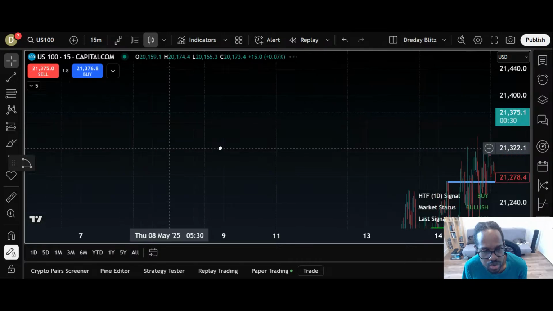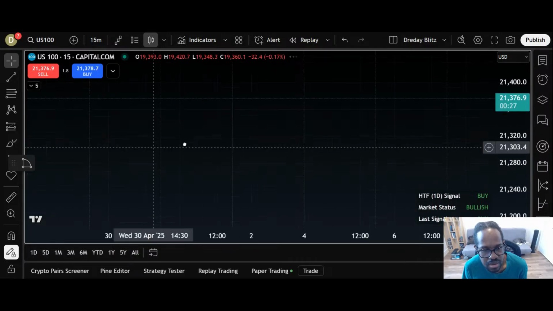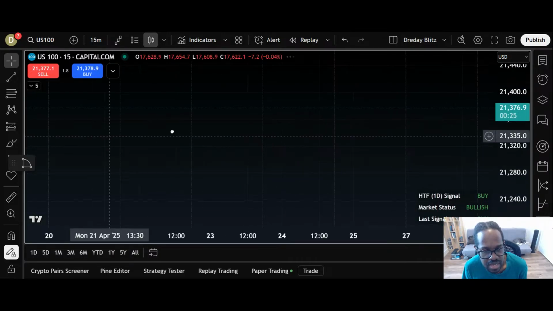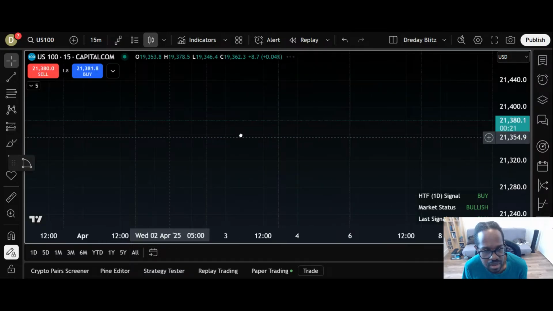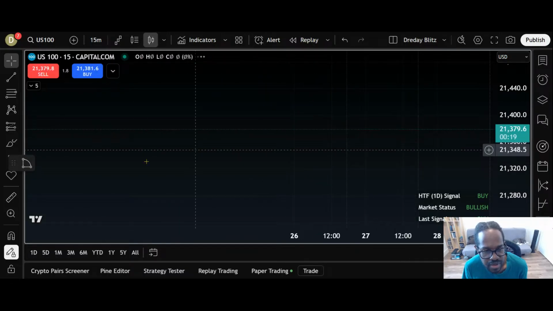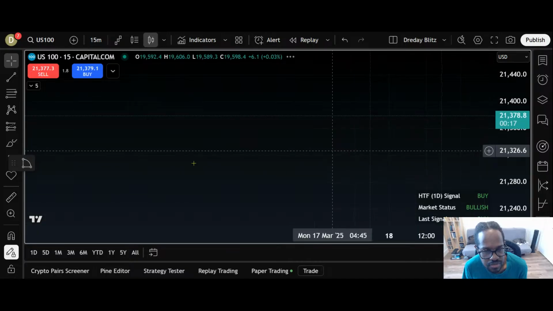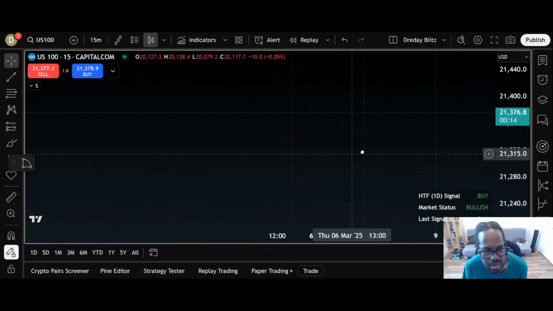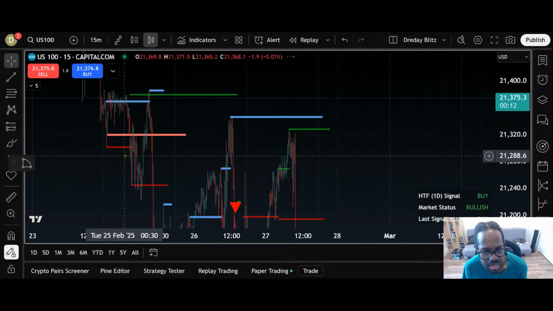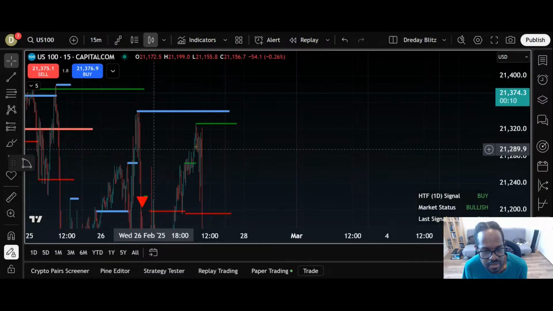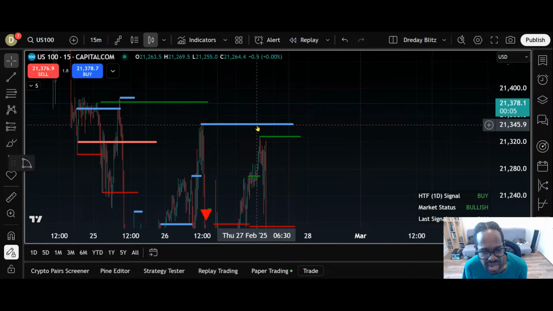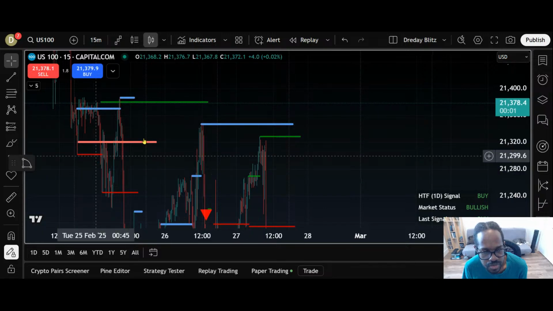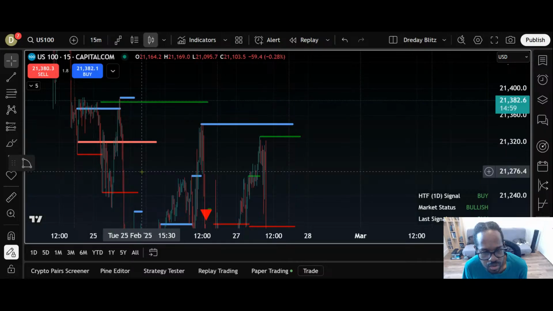Okay, so I'm always going to the left side to see exactly if we have anything that was previously hit in the past. And if I don't have anything for a certain amount of time, I'm going to plot my lines. Okay, so see here that we had in February, we had levels that were previously hit or crossed.